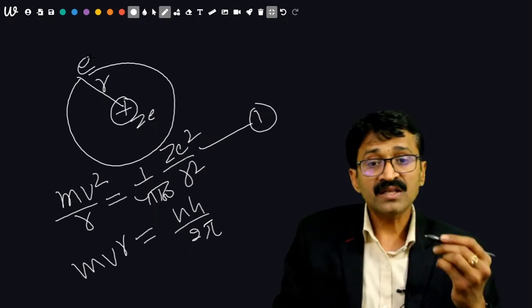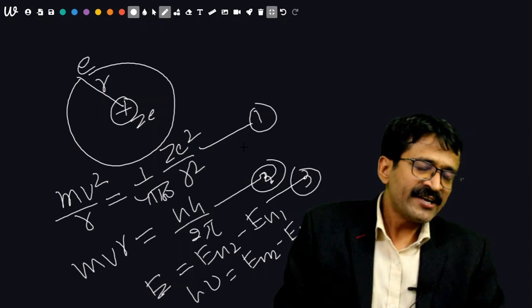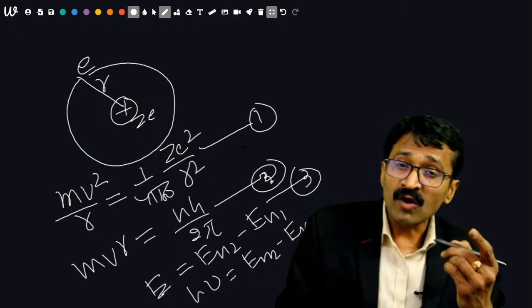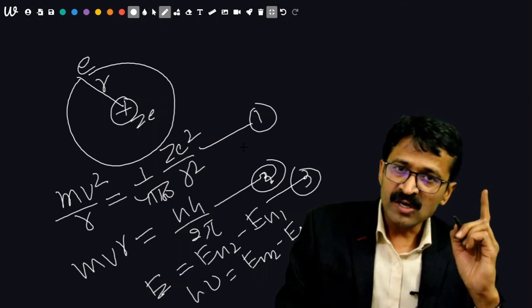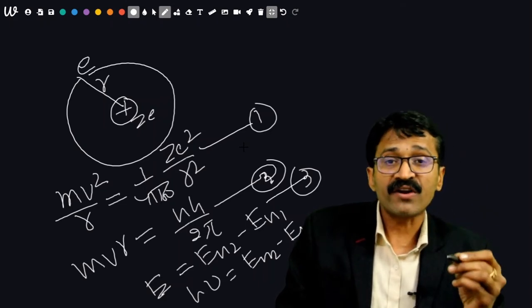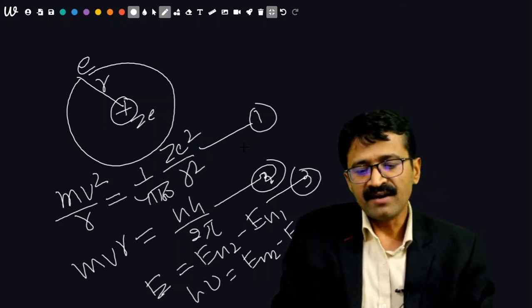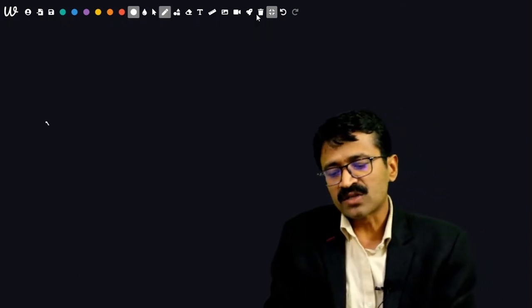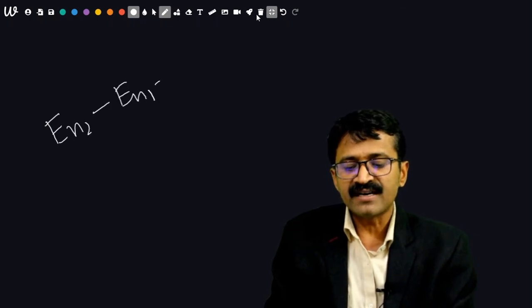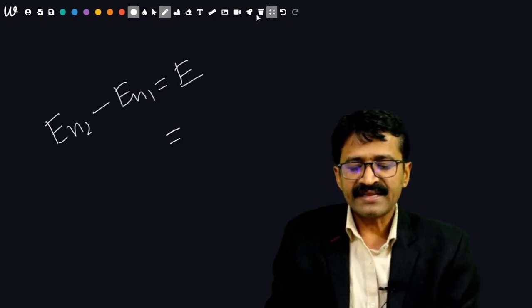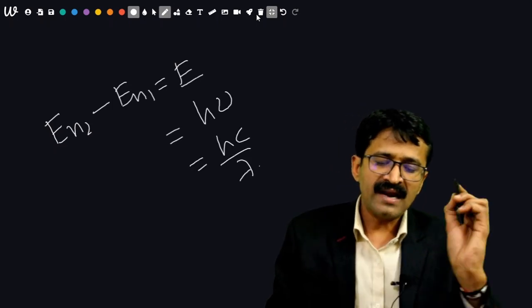Now what about the third postulate? According to Bohr's third postulate, the electron revolving around the nucleus will not lose energy continuously. It will lose energy when it jumps or transits from a higher energy level to a lower energy level, and that is, E n2 minus E n1 is equal to E, and that E will be h nu or hc upon lambda.